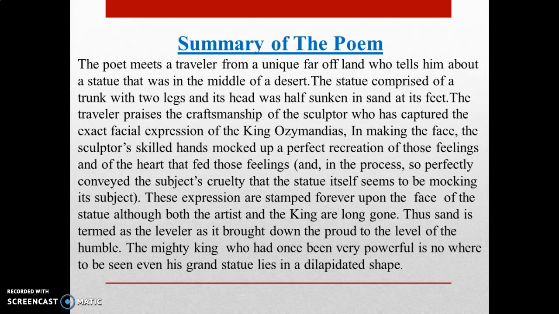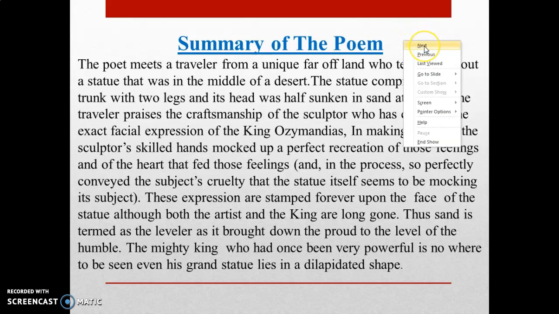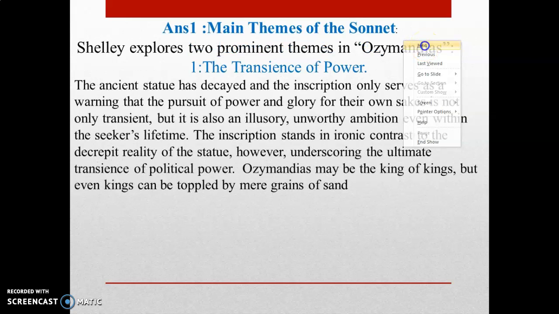The mighty king, who had once been very powerful, is nowhere to be seen. Even his grand statue lies in a dilapidated shape. The answer to question 1, main themes of the sonnet. There are 2 prominent themes: the transience of power.